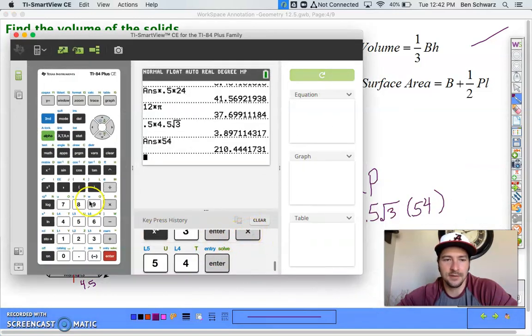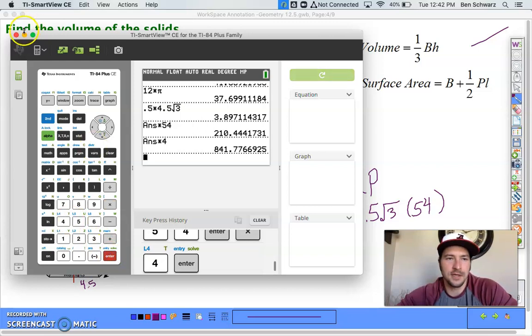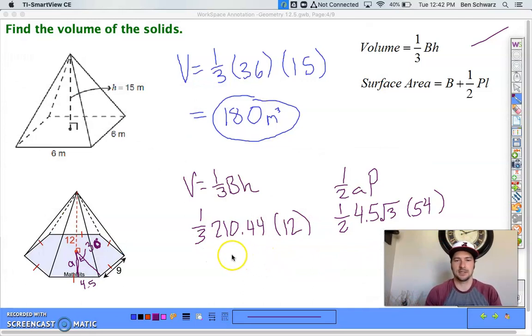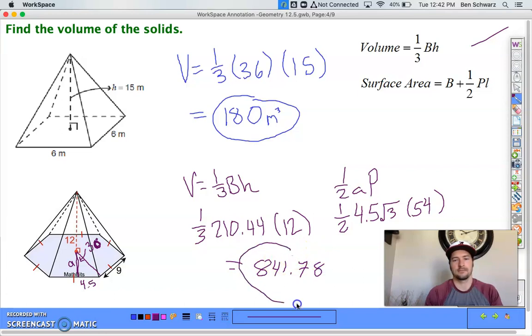So I'll take my answer times 4, and I get 841.78. Okay, and also remember that multiplying by 1/3 is the same as dividing by 3. So you could do 210.44 times 12, and then divide that by 3, and you would still get that same answer.